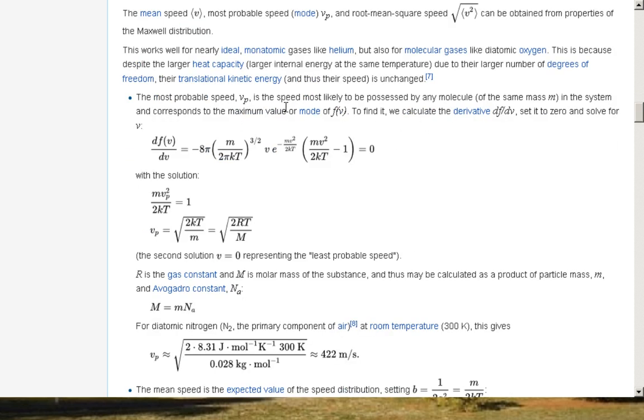The most probable speed, v_p, is the speed most likely possessed by any molecule of the same mass in the system, and corresponds to a maximum or mode of f sub v. To find it, we calculate the derivative of df over dv, set it to 0, and solve for v.